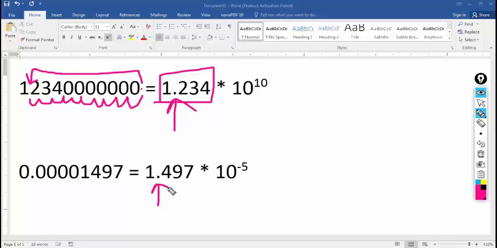Okay, so the most important rule while writing numbers in the scientific notation is that you must have only one digit to the left of the decimal point. So coming back to our example, our number has become 1.234.